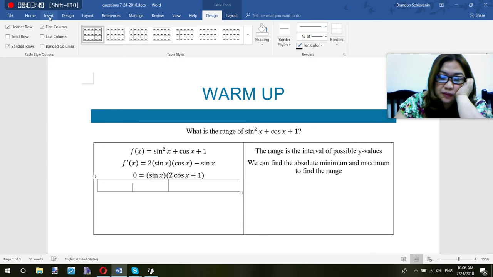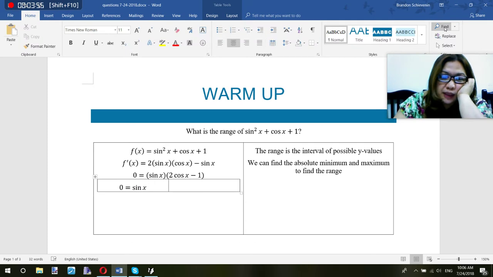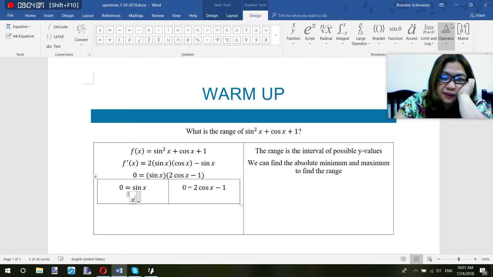Our 2 separate functions are 0 is equal to the sine of x. Okay, so I will take the inverse of sine for that. So for the left side, you said we're going to take the inverse. So x is equal to what?